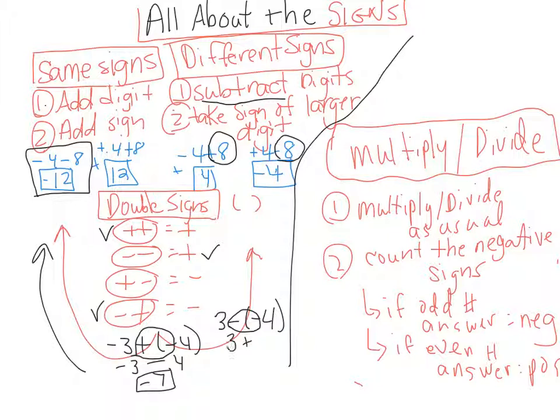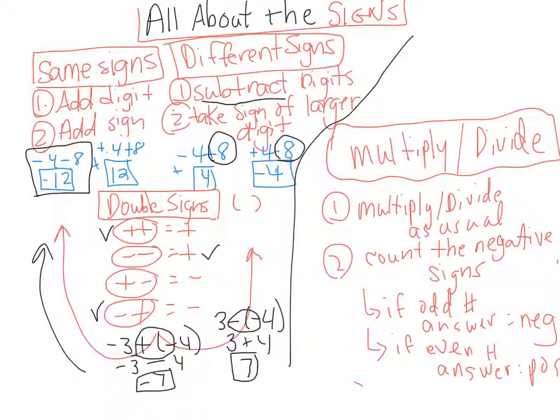So you have 3 plus 4. You add the digits. No, you add the digits. Sorry about that. And it is a +7. So you add the digits and add the sign if you need to. Sorry about that confusion, but please go over that because you'll see a lot of double signs.